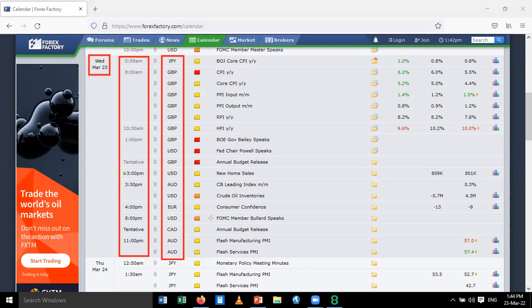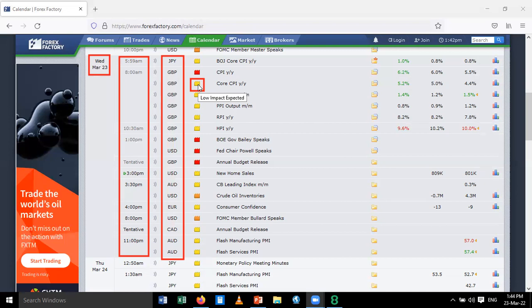All right. Now, if you also look beside the currency, you're going to see boxes of different colors. Wherever you see a currency with a yellow box, yellow box simply means low impact.